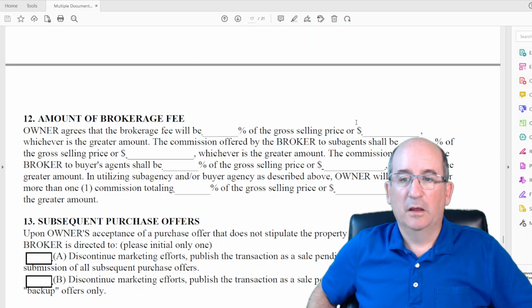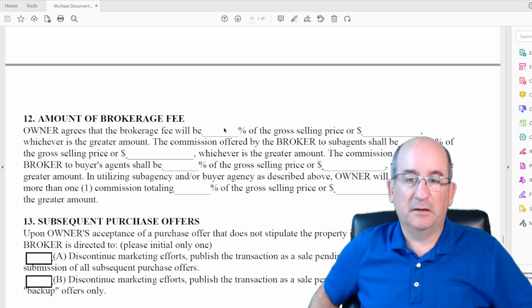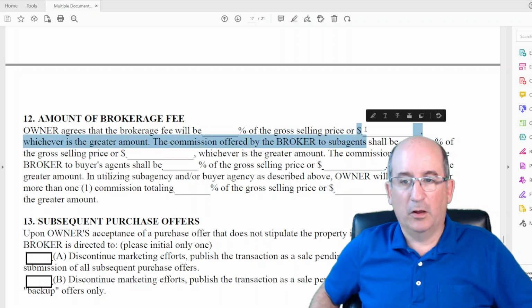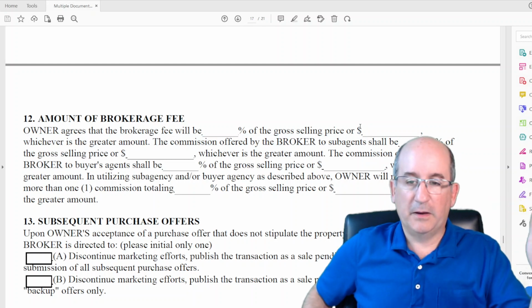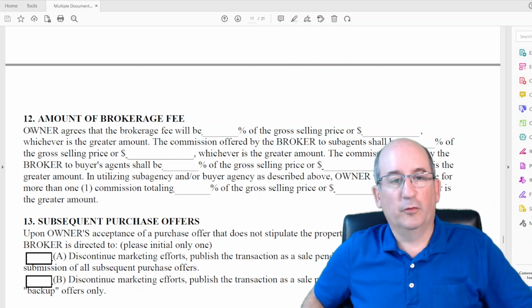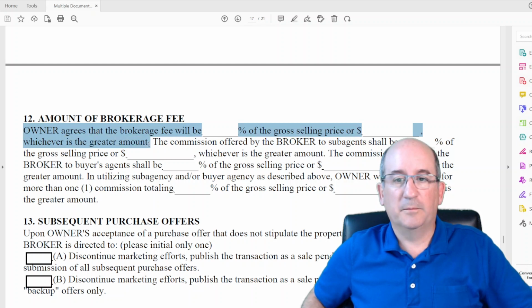Okay? So for example, with land, if you sell a piece of land for $15,000, you don't want to do a percent. You usually put a flat dollar fee as the total commission. Total commission is the listing side and the buyer side. All right? So this is the first part, right?